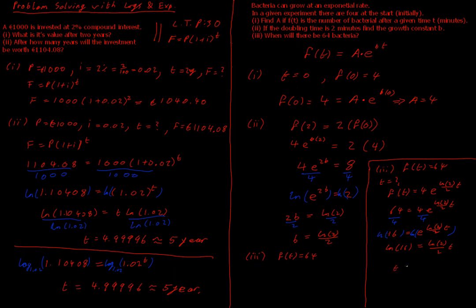Rearranging, I get t is equal to 2 times the ln of 16. So there's a little bit of rearranging I'm glossing over here. I take it that you are confident to rearrange your equation slightly. All over the ln of 2. When I put this mess into the calculator, I get 8 out, and I know that t is in minutes.